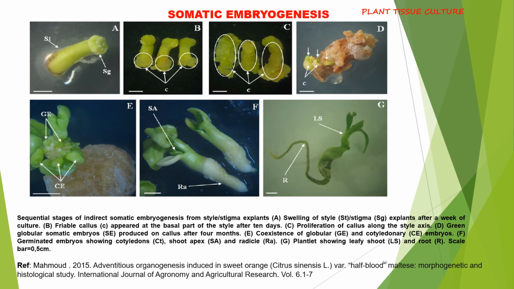Figure F shows the somatic embryos showing cotyledonary leaves, and G shows the plantlet showing a leafy shoot and the root, which can be regenerated into a complete plant.